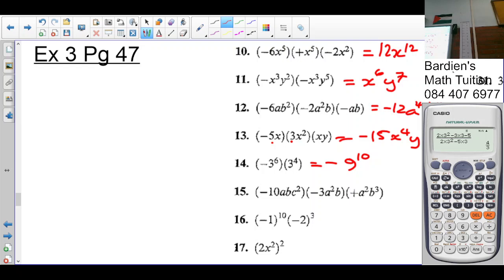Listen, okay. Let's take it one step back. If you got negative x to the 6 times x to the 4. What would this answer be? Positive times negative? Negative x to the 10.